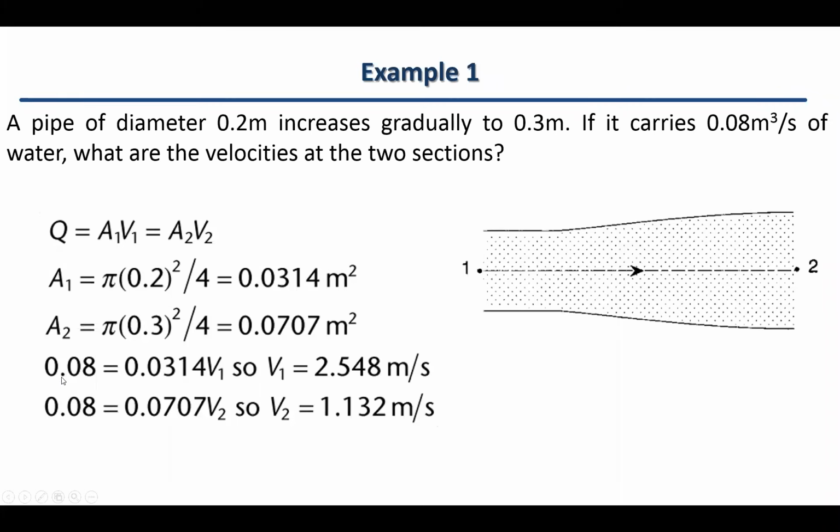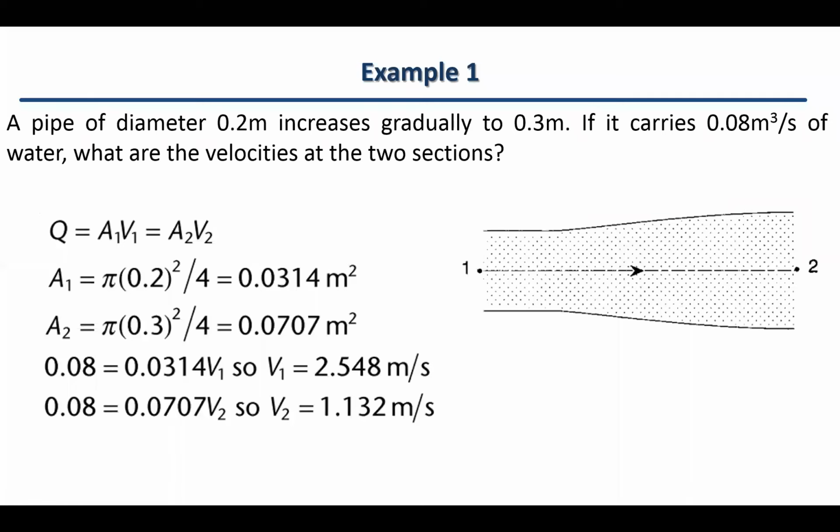So now that we have A1 and A2, we can put in the flow discharge for the first cross-section: 0.08 is equal to Q, which is A1 times V1, 0.0314 times V1. By solving this equation, V1 is equal to 2.548 meters per second.